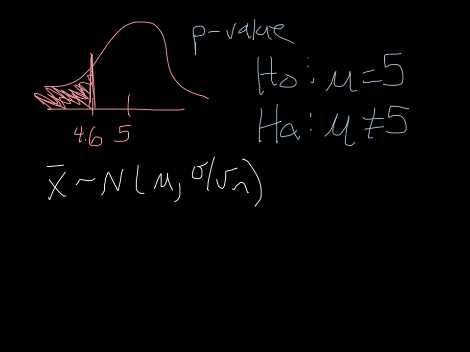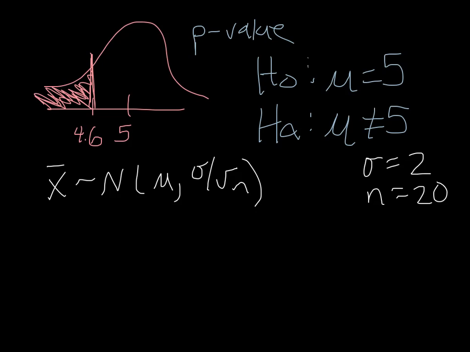Okay? So if we know sigma, we can plug that in. And in this case, let's assume that we know sigma. And let's say we think that sigma is 2. Let's assume we know that. Okay? Then the other thing we need to know is how many samples did I take to create my sample mean. In this case, we assume we took 20 samples. Okay?